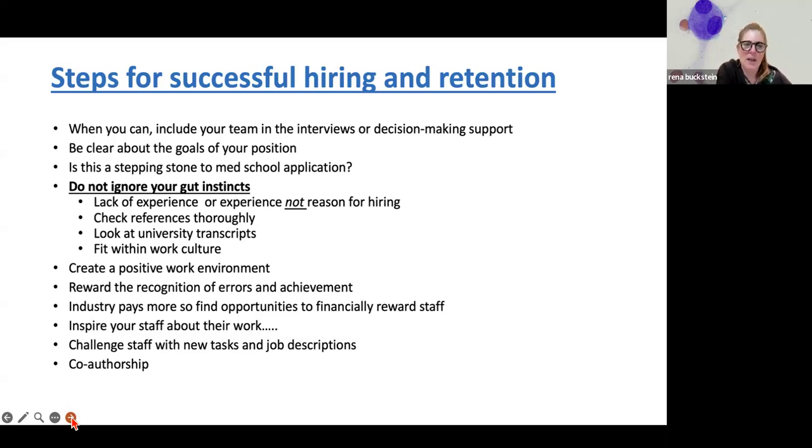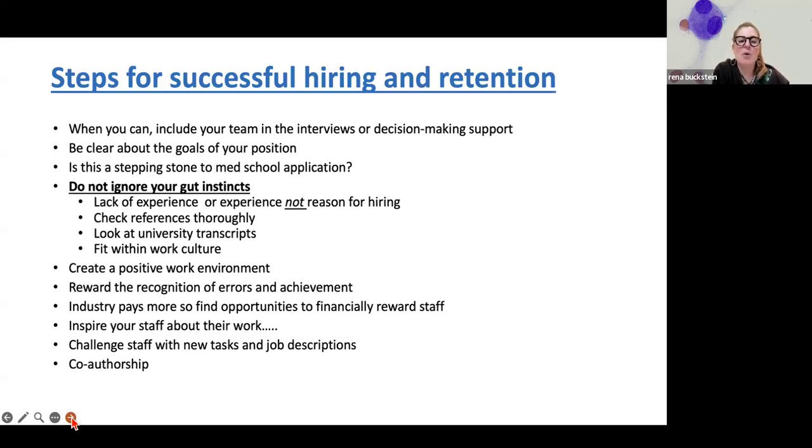Also, don't ignore your gut instincts. I've learned this as well. You can be fooled by hiring somebody who's worked in other research groups, let's say has 5 or 7 years of research experience elsewhere, and on paper looks fantastic, but in the end ends up being a major personality challenge, a difficult person to work with, and it doesn't work out for you.